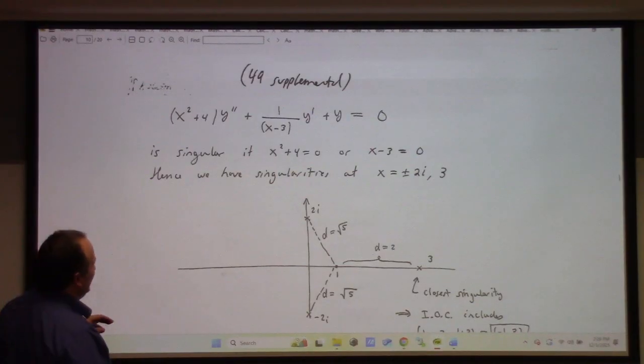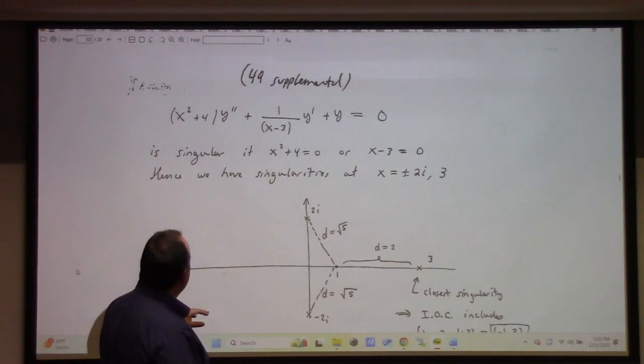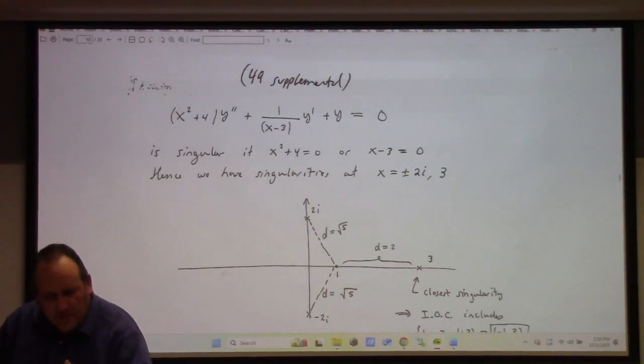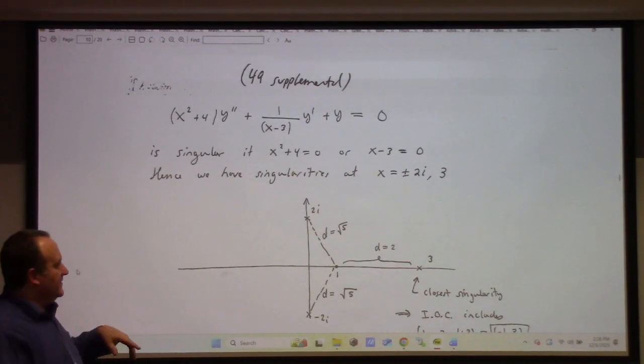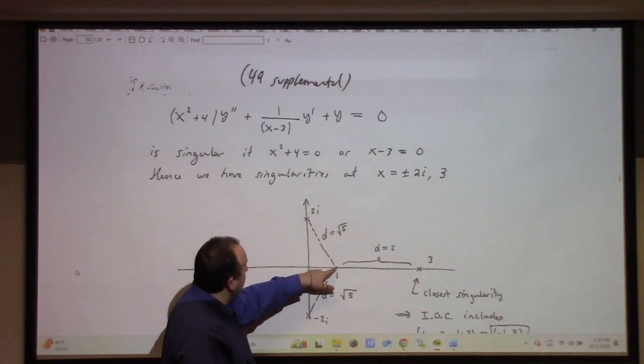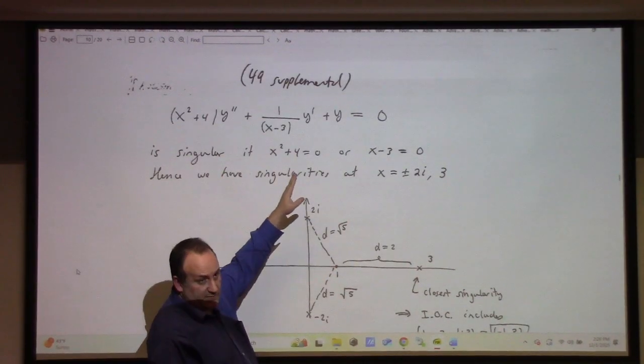All right. So anyway, the point of this is, the question was, we're centering the solution at 1. That's important. So we have to think about relative to 1. Here are my singularities, and this is a slightly different problem than yours.